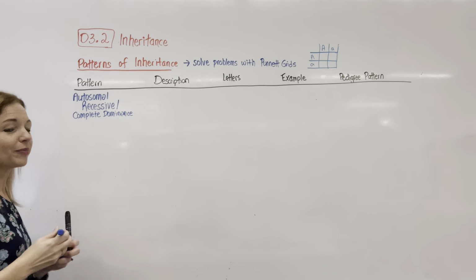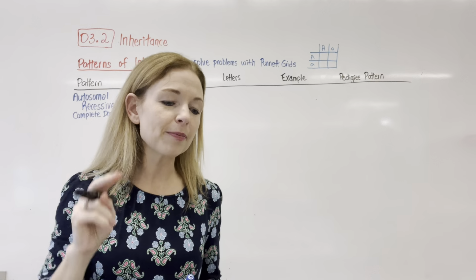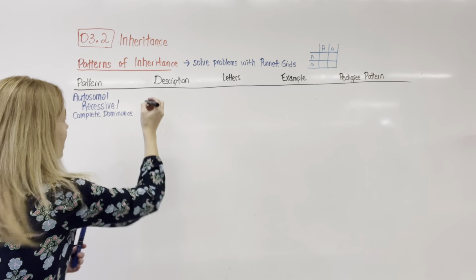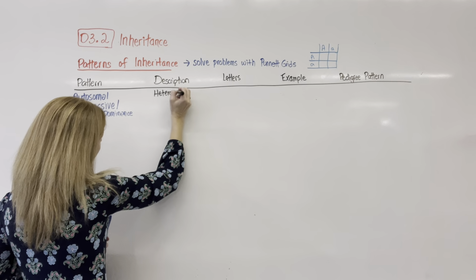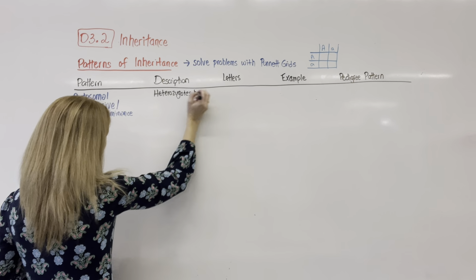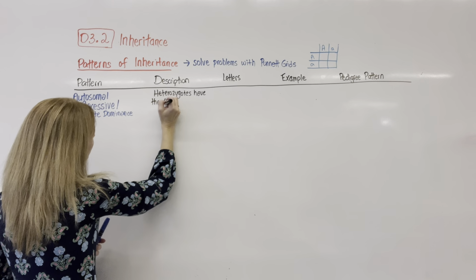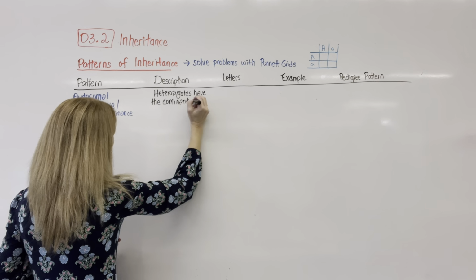So when we talk complete dominance, what we are looking at here is that the heterozygotes have the same phenotype. So the heterozygotes have the dominant phenotype. So that is going to be true anytime we are talking about complete dominance.